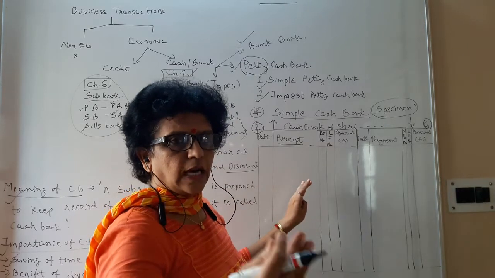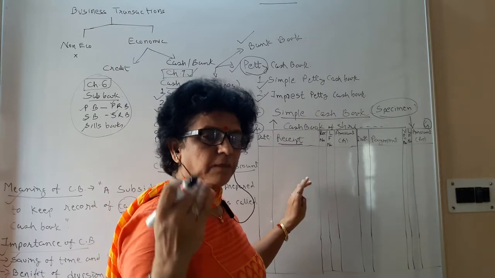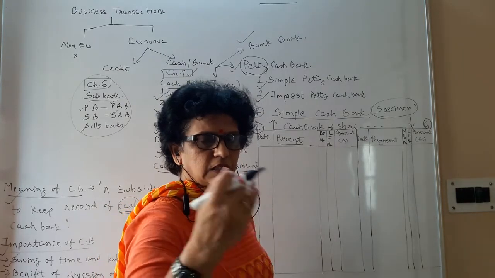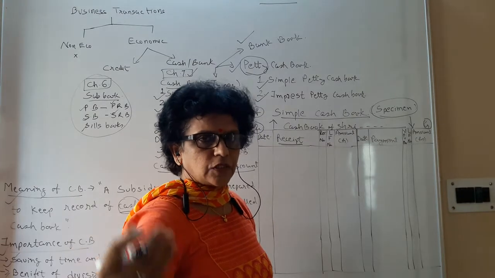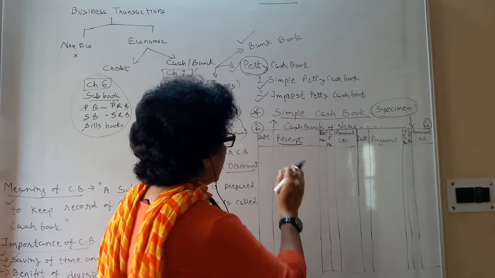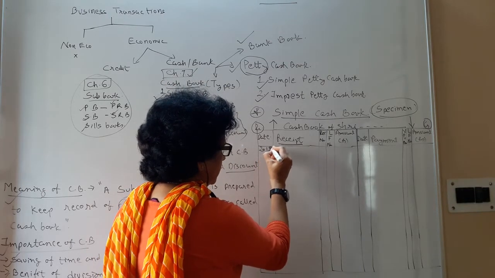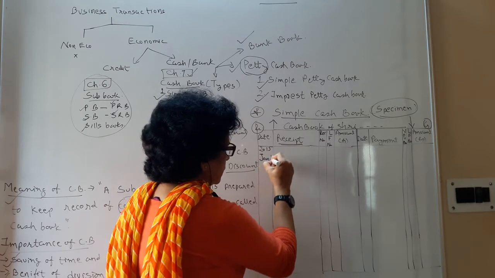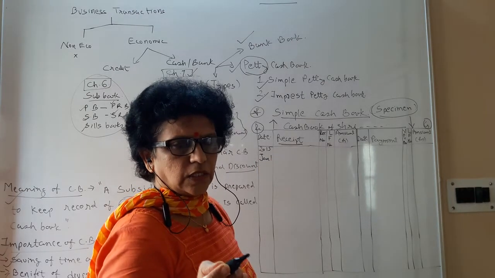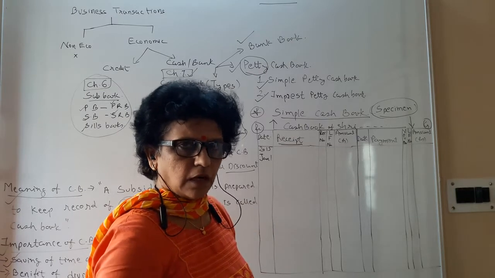Now when you start your business, the very first entry in the journal chapter, you remember: business commenced with cash, rupees 50,000. For example, in January 2015 you start a business. So the very first transaction is business commenced with cash rupees 50,000.